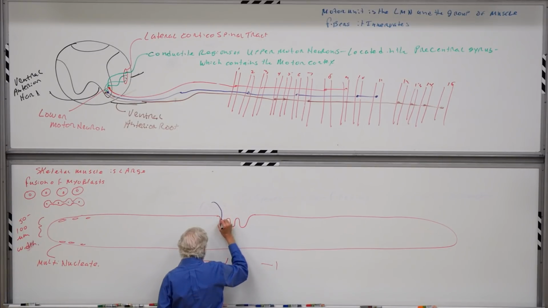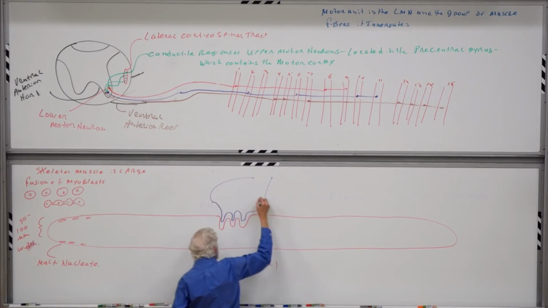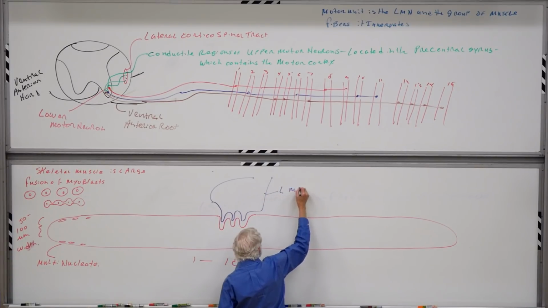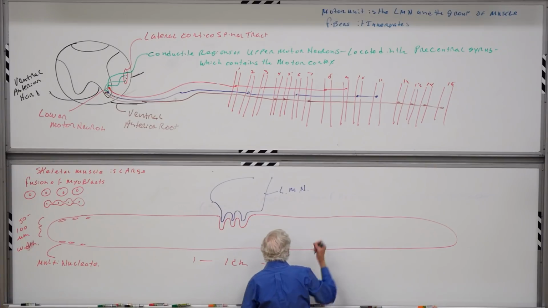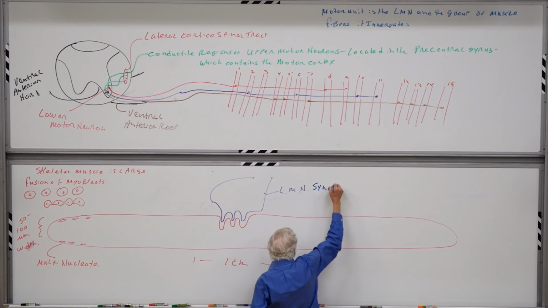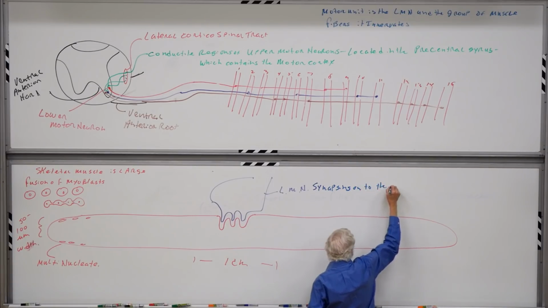So this is where the lower motor neuron, this is the lower motor neuron, synapsing onto the muscle fiber.